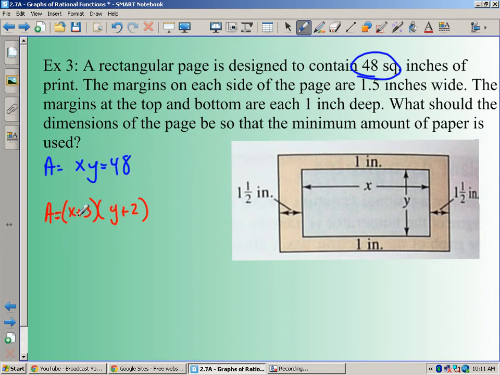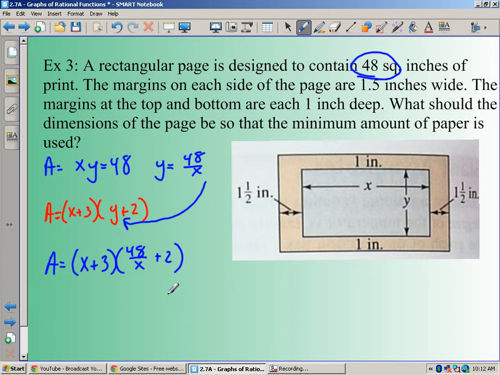I'm going to plug in 48 divided by x for y, and so my area equation for the whole paper is going to be x plus 3 times 48 over x plus 2. With this, if I get a common denominator on this side, it will make my life much easier. And so the area would be x plus 3 times 48 plus 2x, all divided by x.